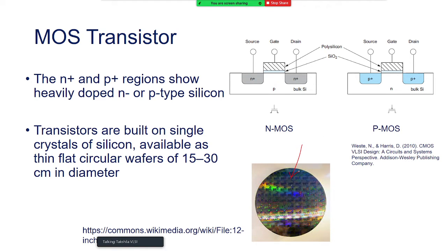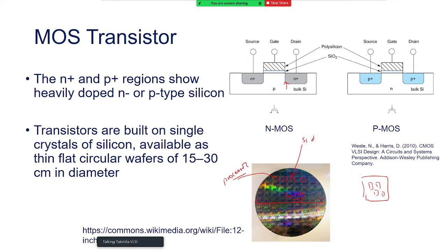This is the wafer, which is usually 15 to 30 centimeters in diameter. Let's say this is 30 centimeters in diameter, and these are the individual dies. Let's say each die is a processor. In the processor you have millions of logic gates that we are going to see again ahead, and all these transistors are sitting here. This is the schematic of a single transistor, but inside the wafer there are thousands of such dies.